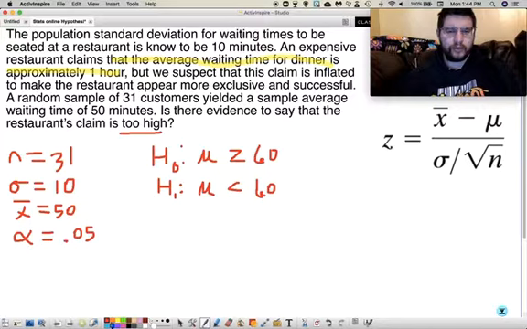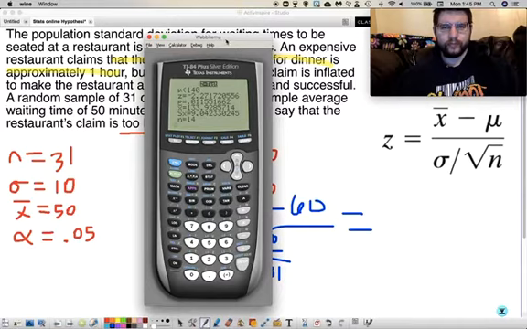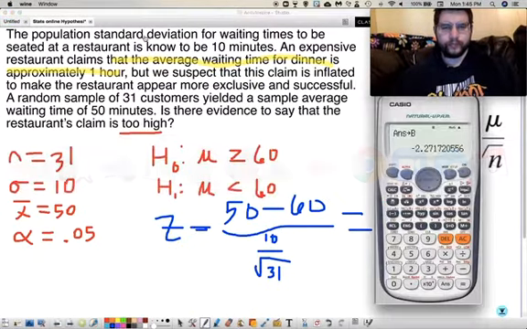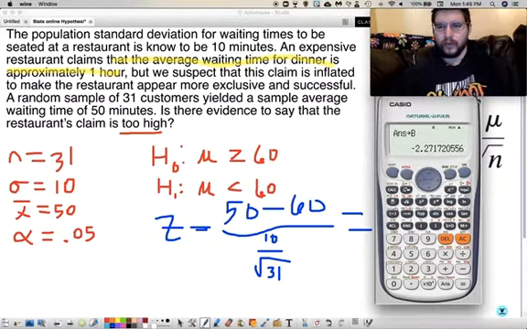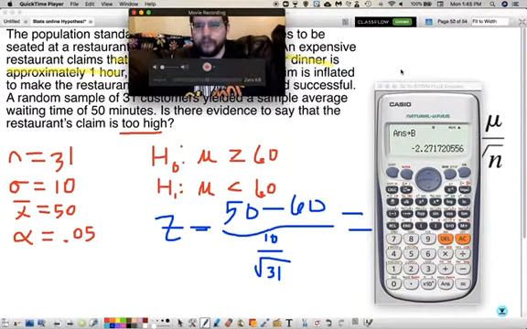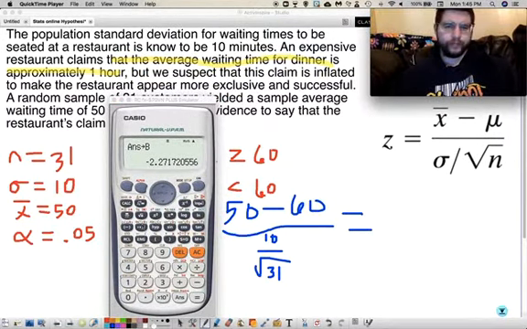Now, let's just get to work. I'm going to do 50 minus 60 over 10 over square root of 31. Let's see what we come up with. Okay.